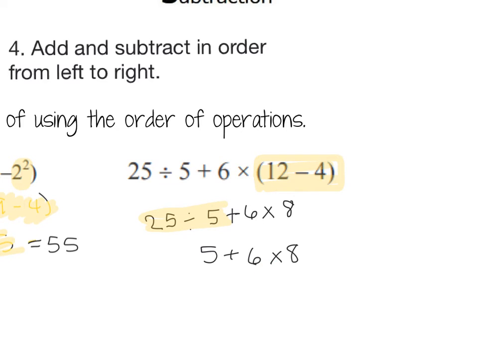So the correct process would be to do the multiplication, which is 6 times 8. 6 times 8 would give me the product of 48, and to that I need to add 5. If I do that, I get the sum total of 53. So obviously it's a little bit different than 88. So if you do something out of order, you're going to get a wrong answer.